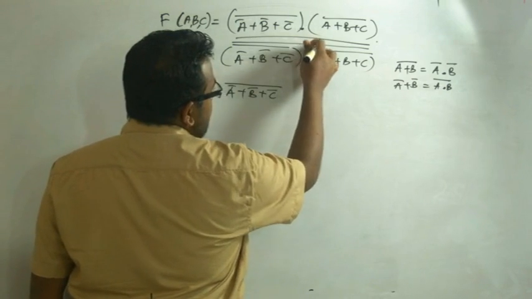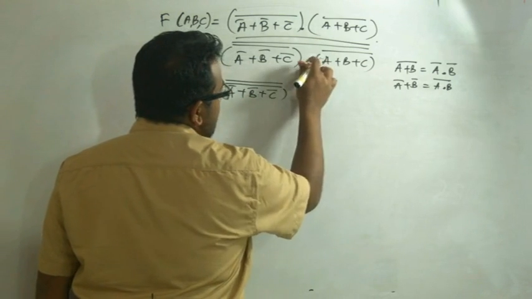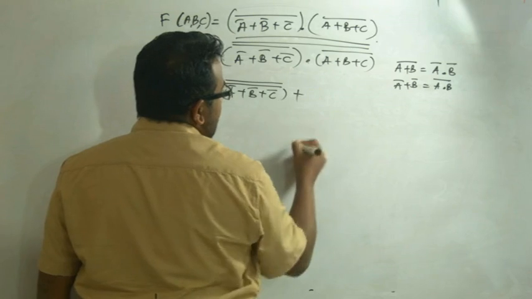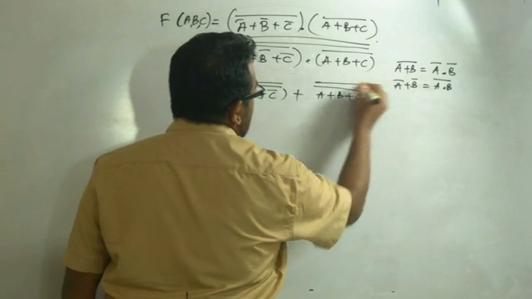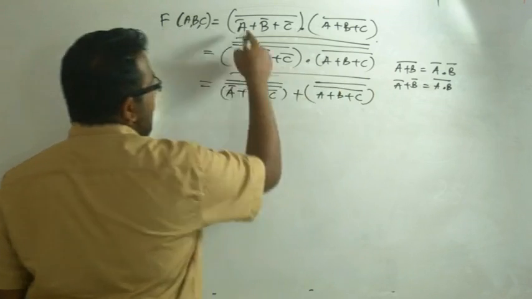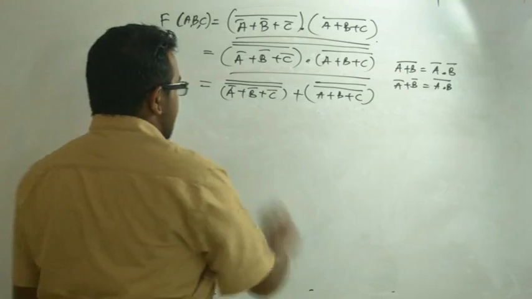We divided this bar into two by converting this product into a sum. But one bar will remain until the end. So we will see what will happen.